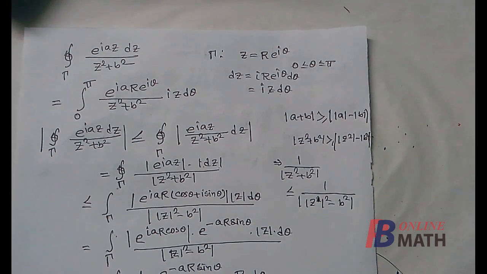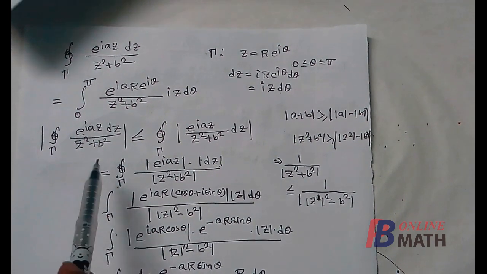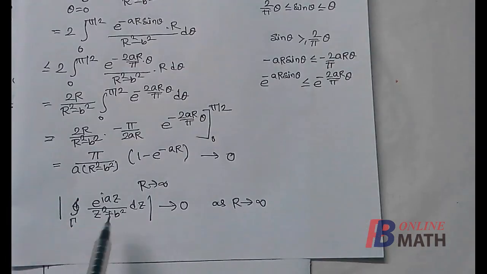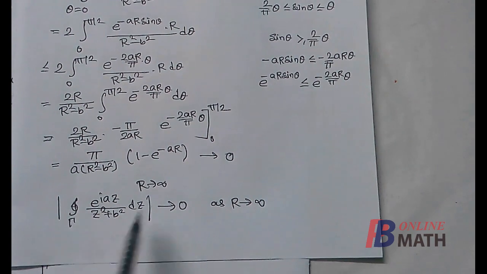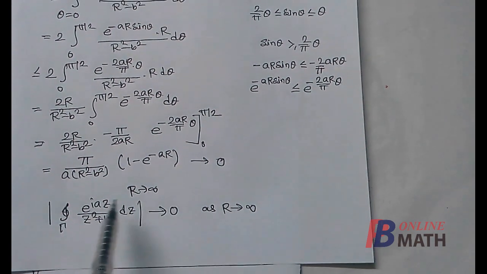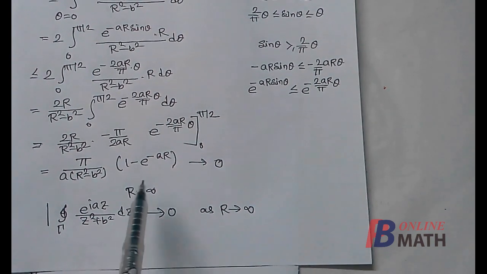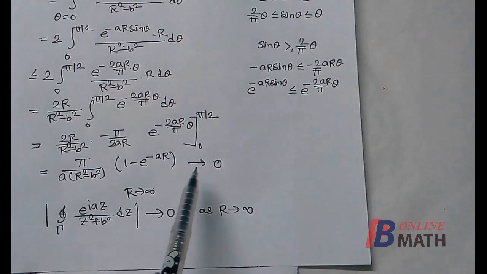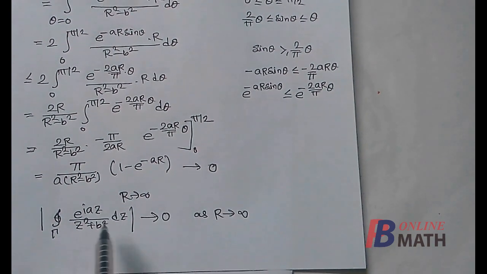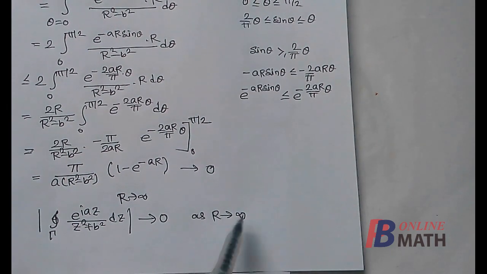So we have a very important result: the modulus of this integral tends to 0 as R tends to infinity. We have already obtained that this expression is less or equal to this one, which tends to 0 as R tends to infinity, so the only possibility is that this quantity tends to 0 as R tends to infinity.